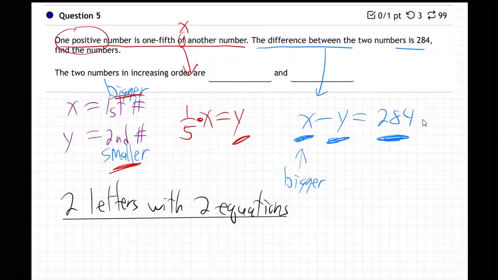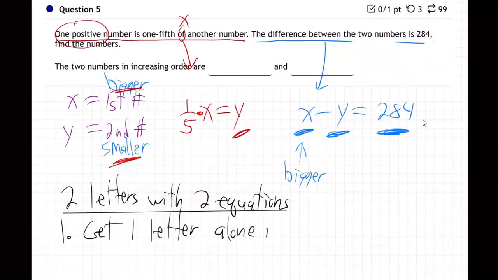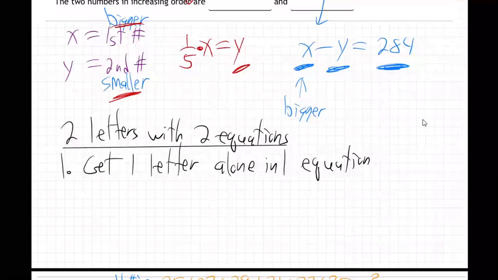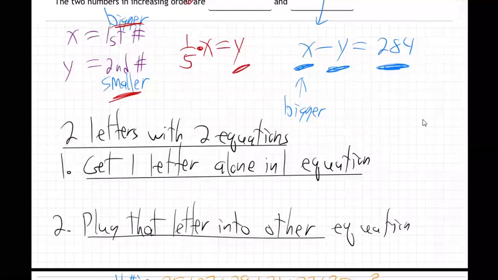We had to get one letter alone in one equation, and then step 2, plug that letter into the other equation. That's right. That's how we have to handle that.